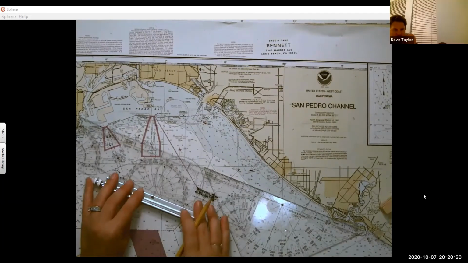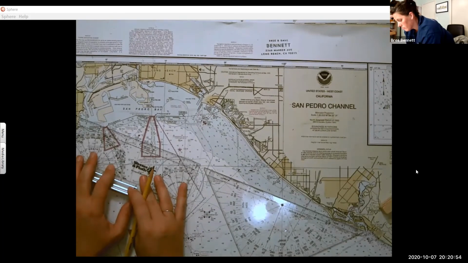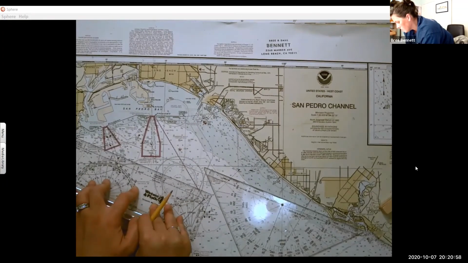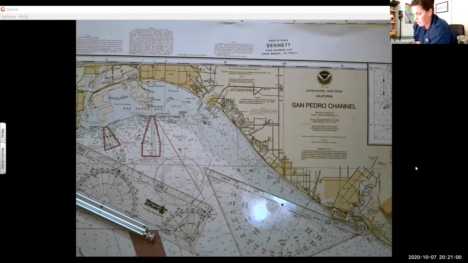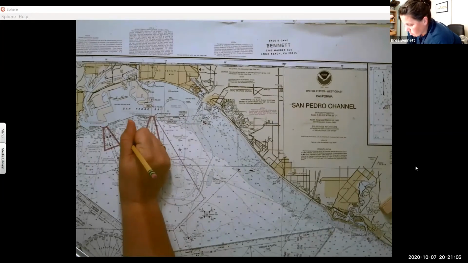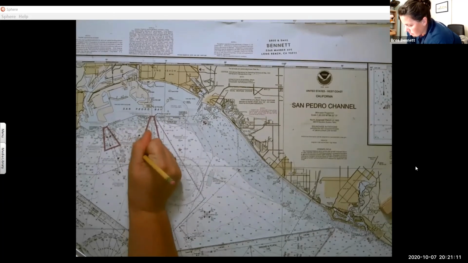Bring it down. Oh, it has to be like this. So somebody said 111. So we have a course of 111 with a speed of 5.5 knots.